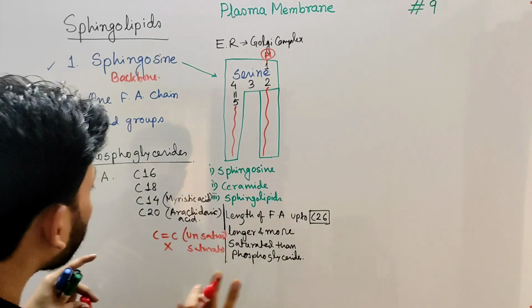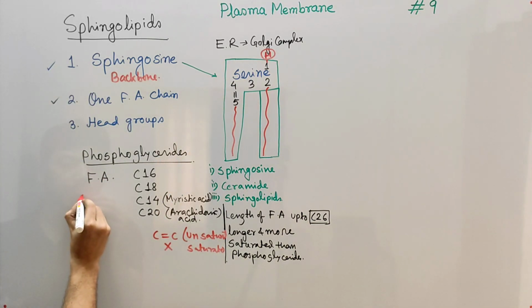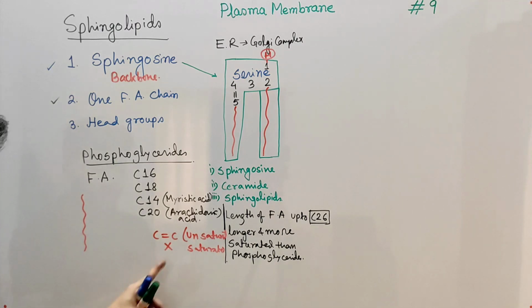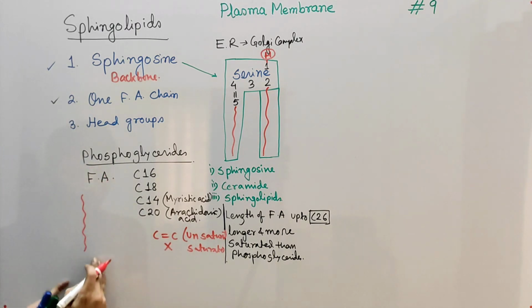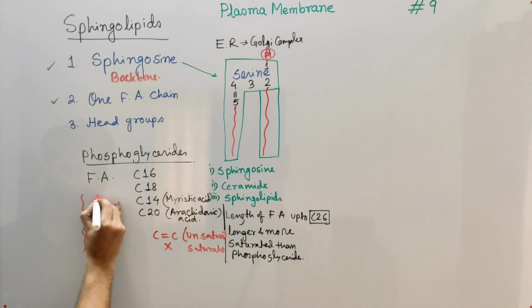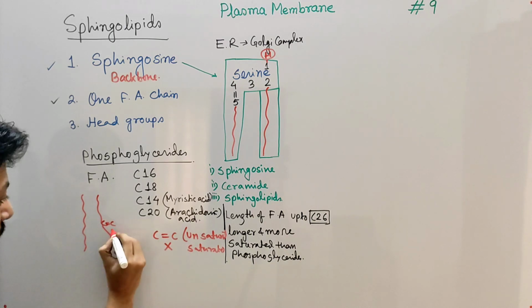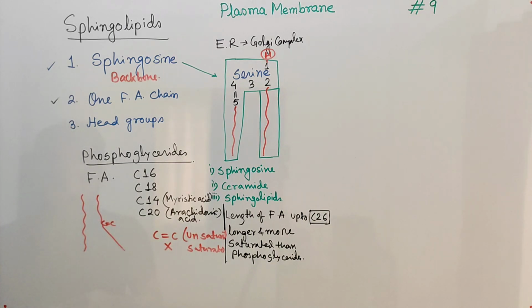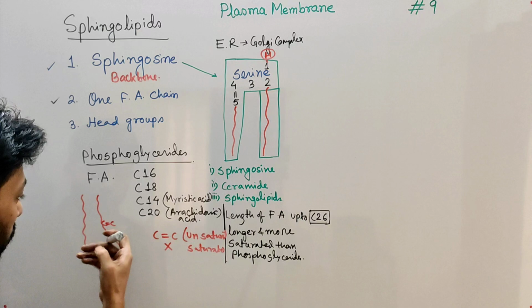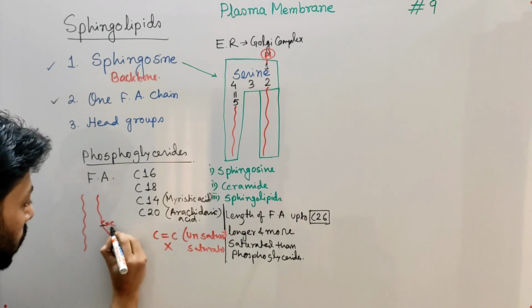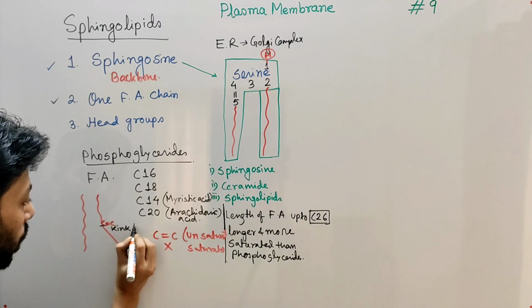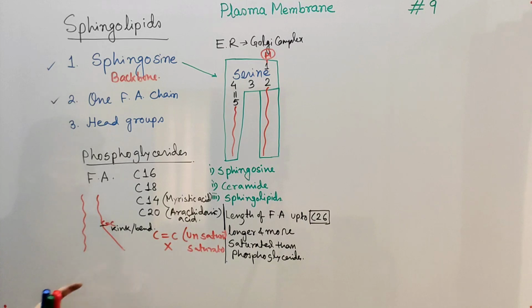Now the difference is here. A fatty acid that does not contain C double bonds is straight in structure. But if the fatty acid contains a C double bond, then there will be a kink, a kink or bend in the structure. Where there is a C double bond, there will be a kink or bend in the structure.